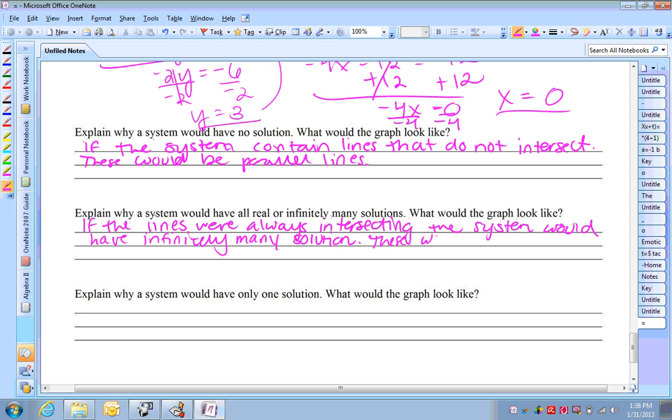So these would be coinciding lines, or in other words, the same line. Okay, coinciding lines have infinitely many solutions, and they're the same equation, same line. Parallel lines have no solution because they never intersect.